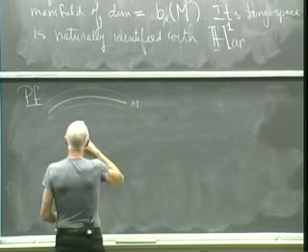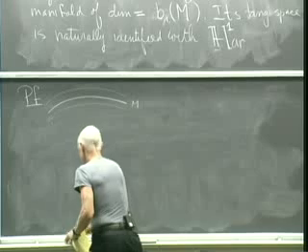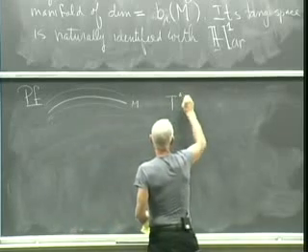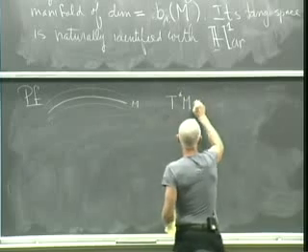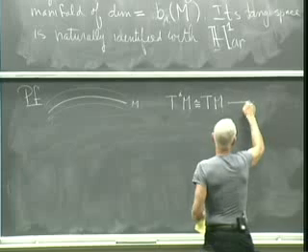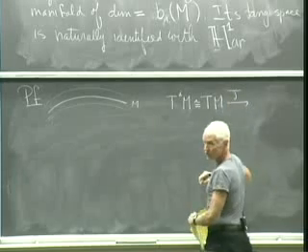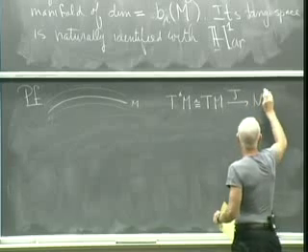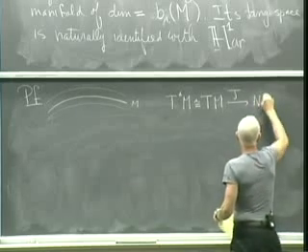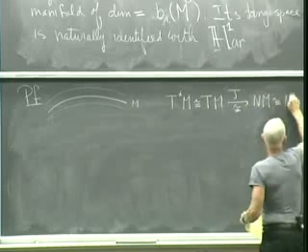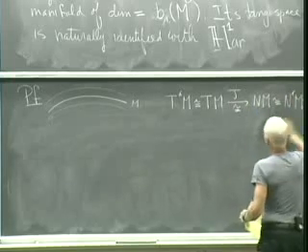Now I remind you that the cotangent bundle of M, by the metric, is canonically identified with the tangent bundle, which, because it's Lagrangian, if you multiply by i, becomes the normal bundle. So the normal bundle is identified with the conormal bundle, if you like.